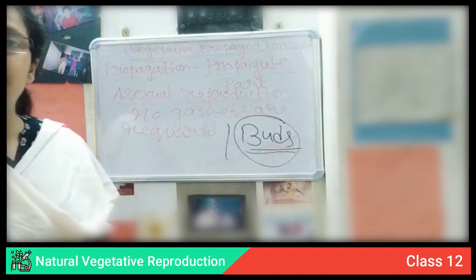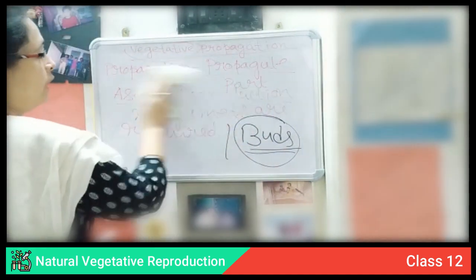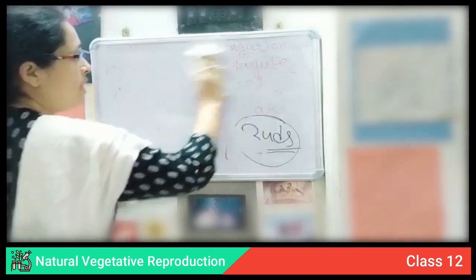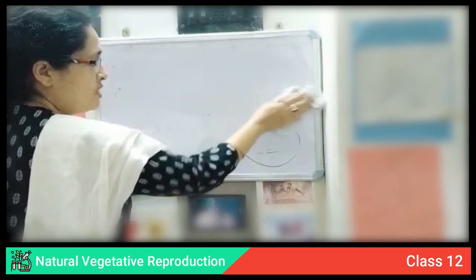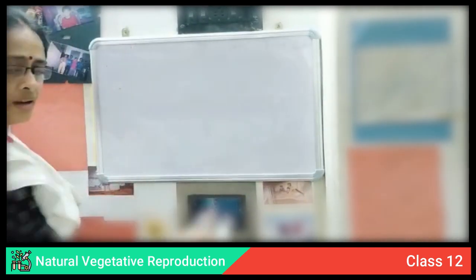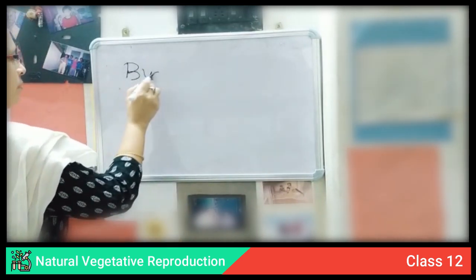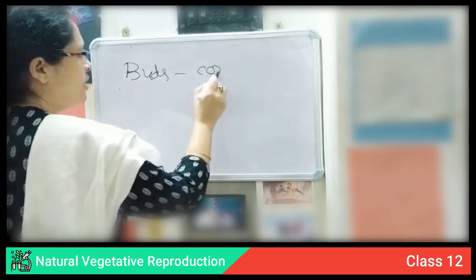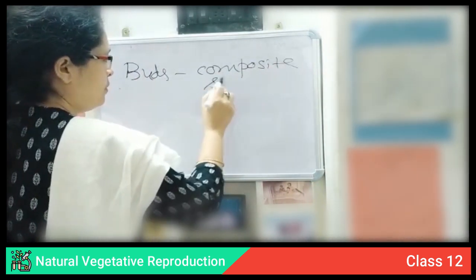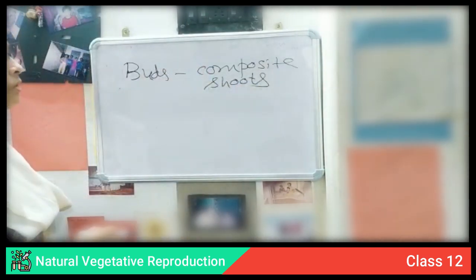Now what are buds? You read in your class 9 and 10 that buds are composite shoots. Okay.